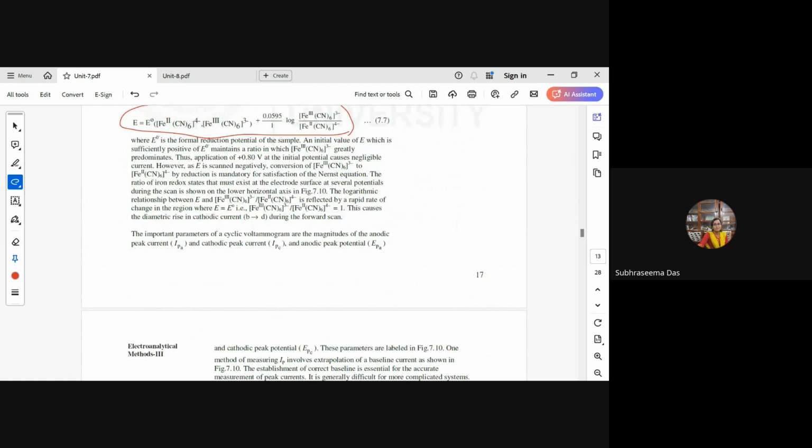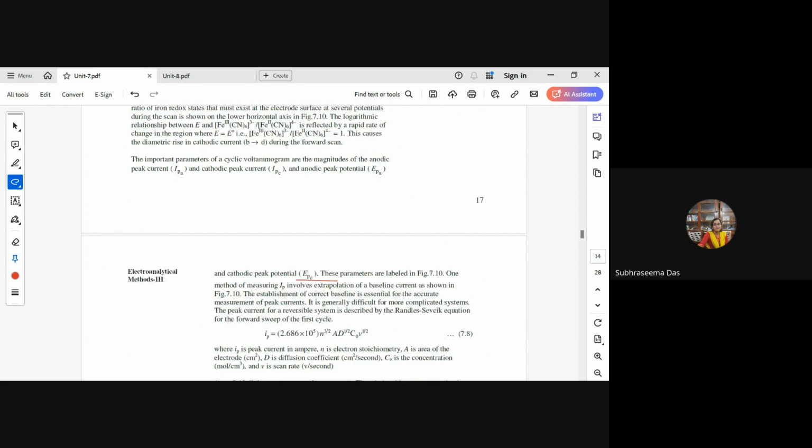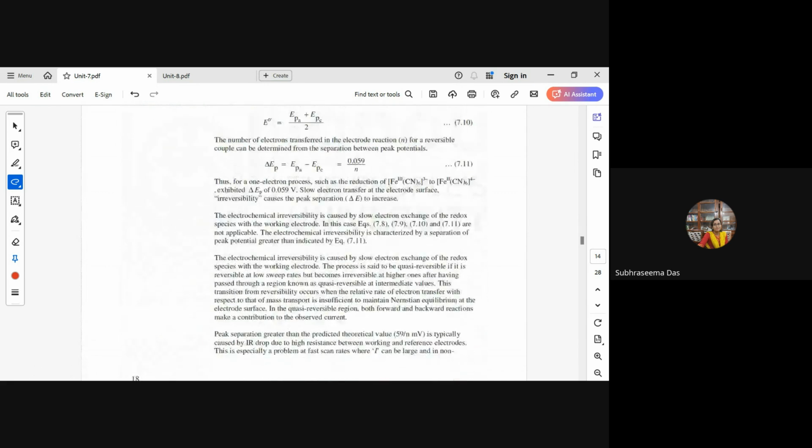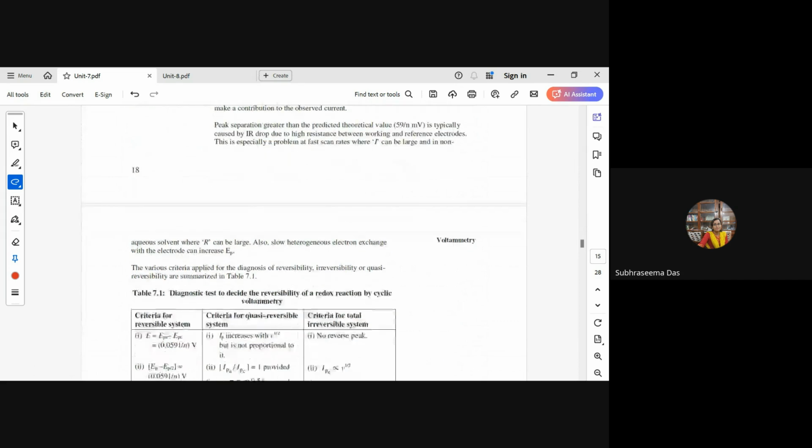The important parameters that need to be considered for a cyclic voltammogram are the anodic peak current, represented as IPA, the cathodic peak current IPC, the anodic peak potential EPA, and the cathodic peak potential, EPC. These parameters have been labeled in figure 7.10.